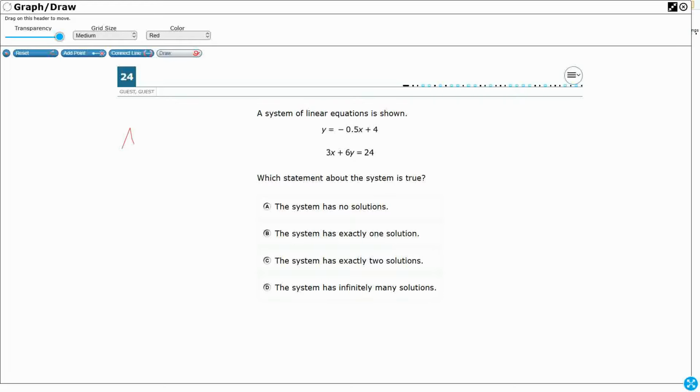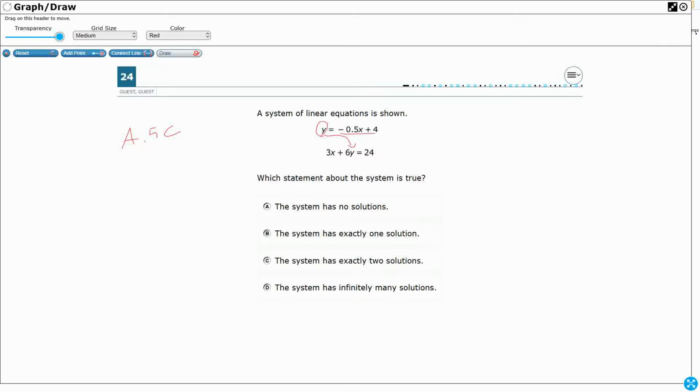And so let's go ahead and do substitution simply because it's lined up for that, right? We can substitute this y into there, and instead of the 6y, we can do 6 times this quantity. If they were both in slope-intercept form or both in standard form, we'd have to do a little bit of manipulation to use the substitution, but it seems like they're setting it up for us.